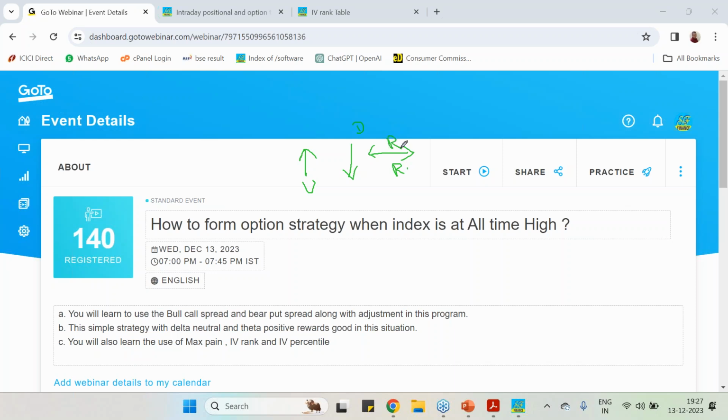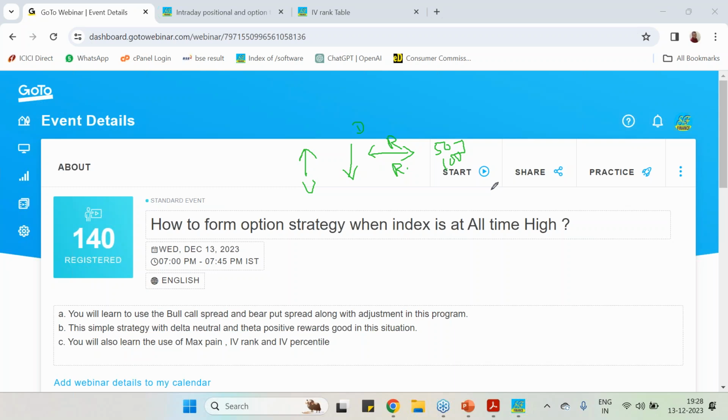So range is also a point, but it will not sit at the same price. Don't think that if I say 21,000 range, it will never go to 21,001 for 10 days. No, range means a 50-point range, 100-point range. In this range it will oscillate, like you are seeing now from the past 5 days.